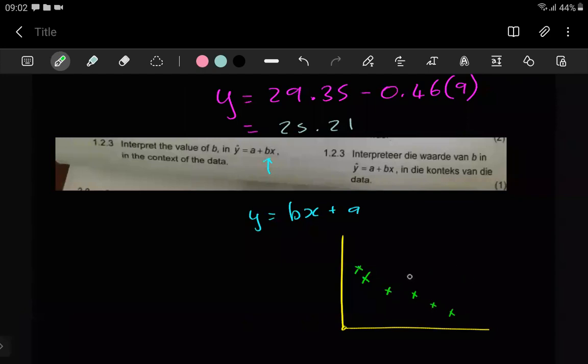Because the value of b is negative, it means your data is going down like that.